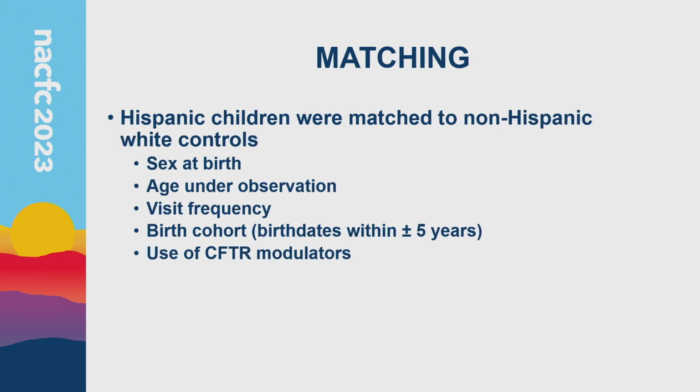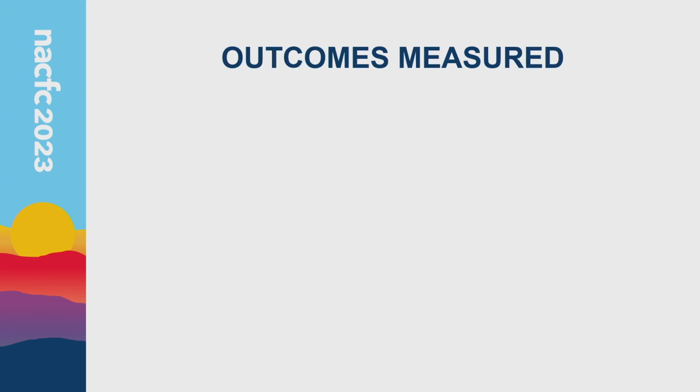Hispanic children were matched to non-Hispanic white children based on sex at birth, age under observation, visit frequency, birth cohort, which we did as a range of birth dates within plus or minus 5 years, and the use of CFTR modulators. Outcomes were modeled independently with conditional logistic regression to estimate the odds ratio of ever developing each of these outcomes.